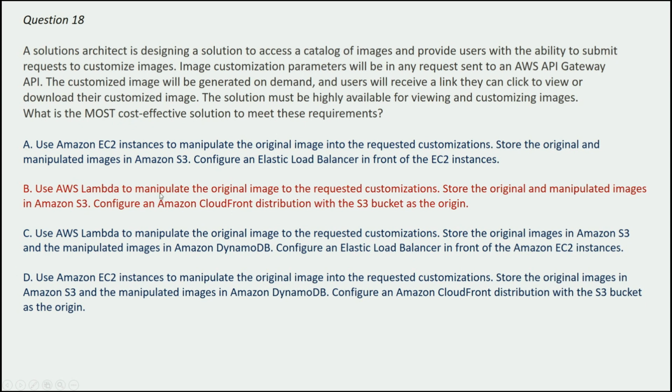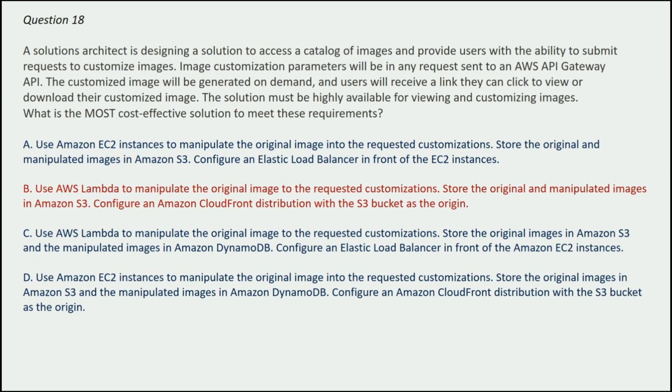Use AWS Lambda to manipulate original images to the requested customization. Store the original and manipulated images in Amazon S3. Configure an Amazon CloudFront distribution with the S3 bucket as origin. So basically what is happening here: AWS Lambda with API Gateway provides a serverless, cost-effective and highly available solution for processing images, because the first requirement of ours is to process the image.